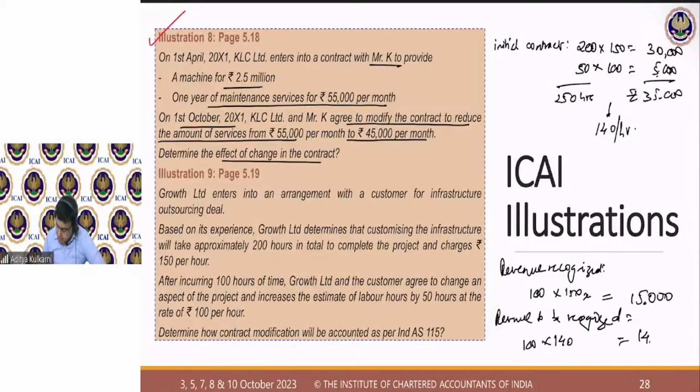So ideally, my revenue should have been only 14,000. Therefore, you have recognized 15, but revenue should be recognized 14. So what is this 1,000? Revenue to be reversed.